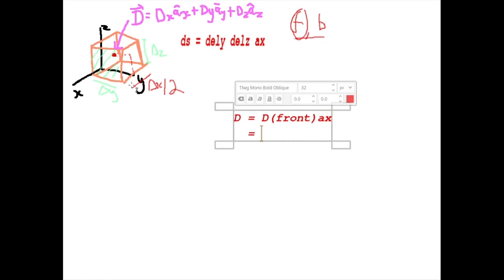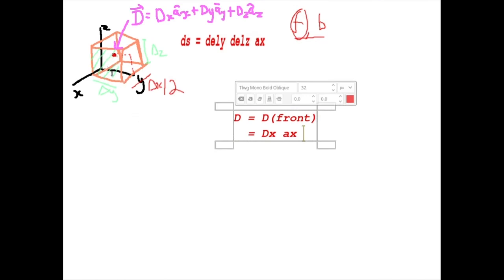I can write D front as, what is the D here? D is nothing but, with respect to the x-axis, I can write D_x. So from there I will take a_x cap, to avoid the confusion. So let me take D_x a_x plus, does it complete everything?